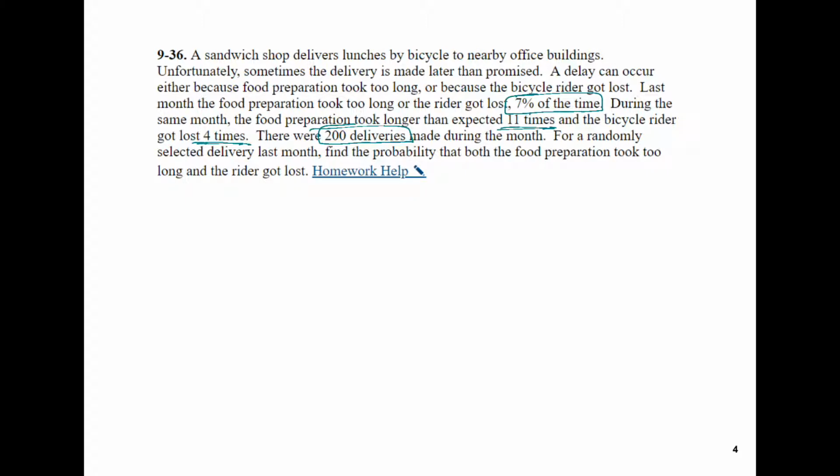For a randomly selected delivery last month, find the probability that both the food preparation took too long and the rider got lost. So we can use the addition rule, which is 11 out of the 200 times plus 4 out of the 200 times it took longer to prepare or the bicycle rider got lost.